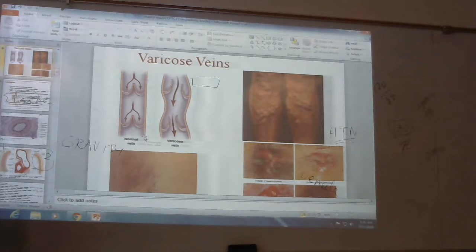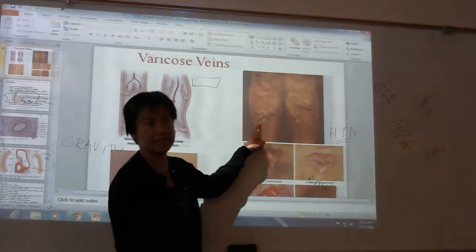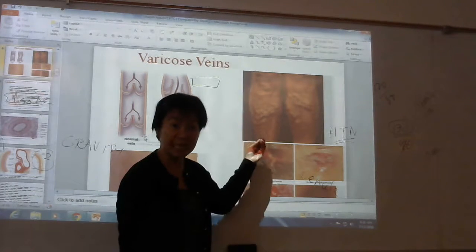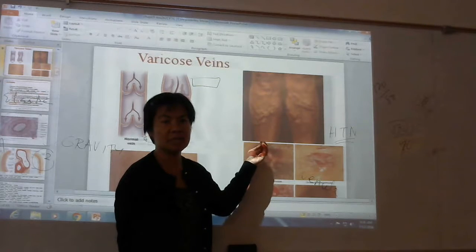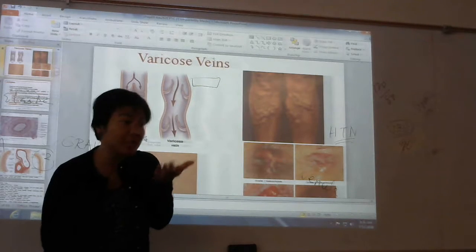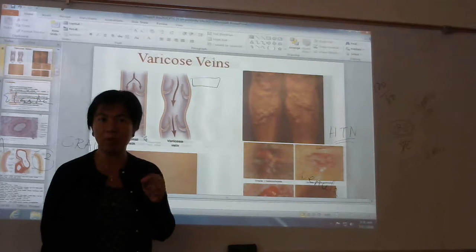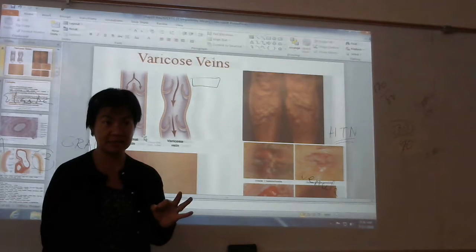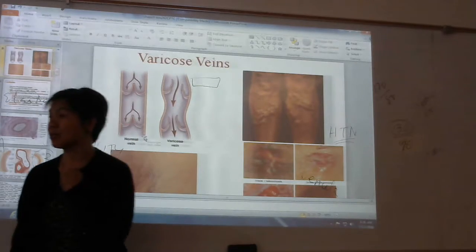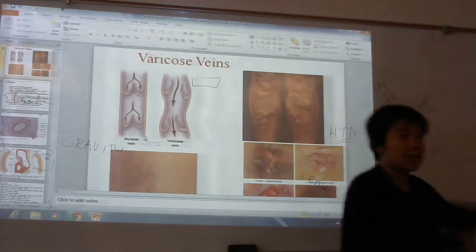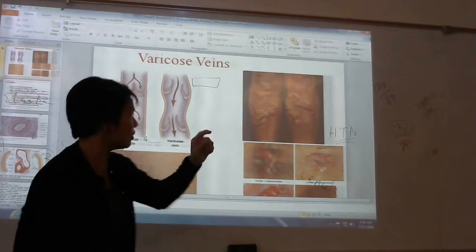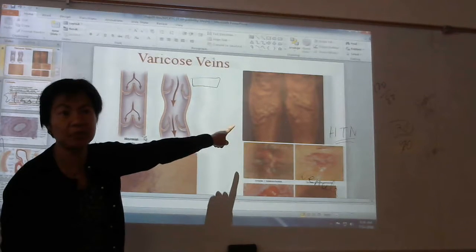Do you think if you have varicose veins, that's a scary thing? Because if you have varicose veins, that means there is an area where there is pooling of blood. People who have varicose veins are good candidates for thrombosis, for a clot. So I have varicose veins, and I want to make sure that I'm always very active because I don't want to give it a chance for pooling.